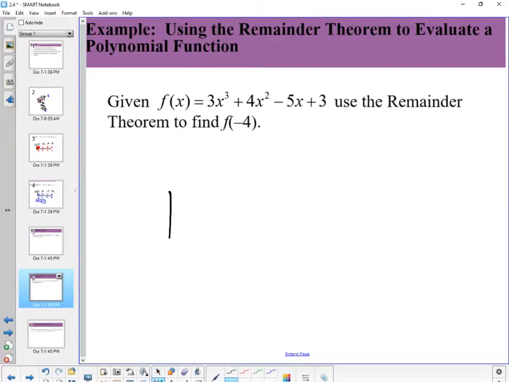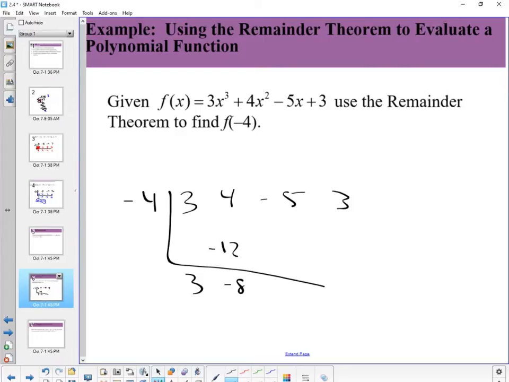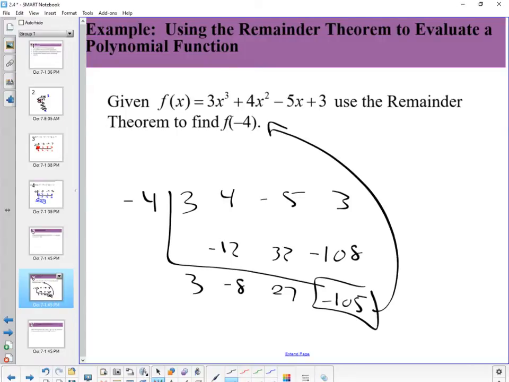So if I did 3, 4, -5, 3, I could evaluate this really quickly, couldn't I? What's that going to be? -12, I've got -8, that'll give me 32. That'll give me 27, multiply that out. 80. 108. Is it 108? It'd be a negative 108. Negative 108? And then I would get negative 105. f of -4 is negative 105.